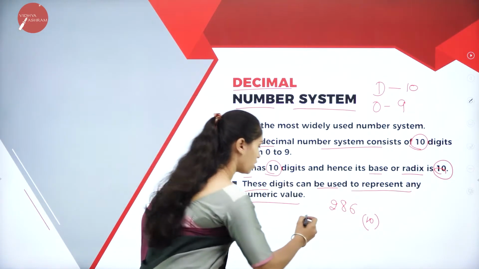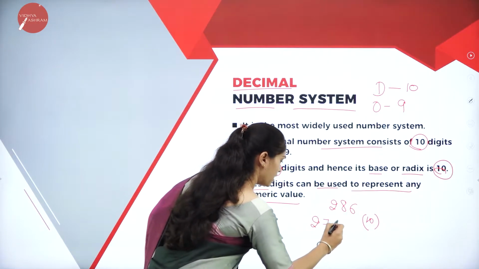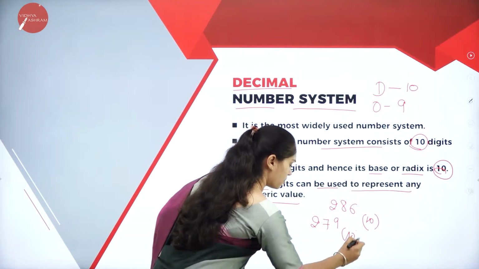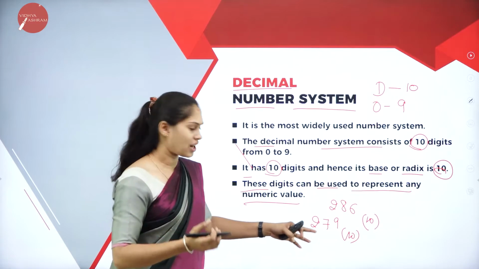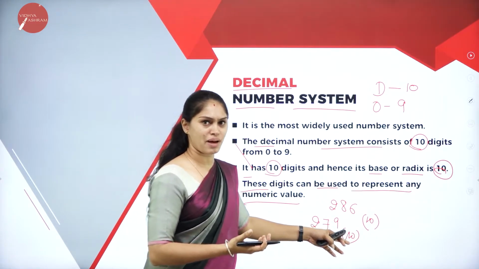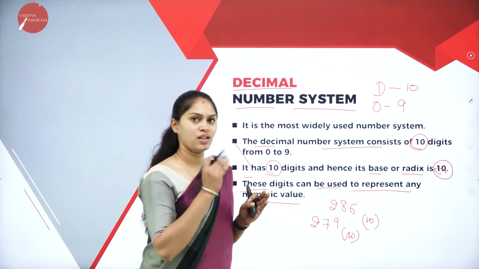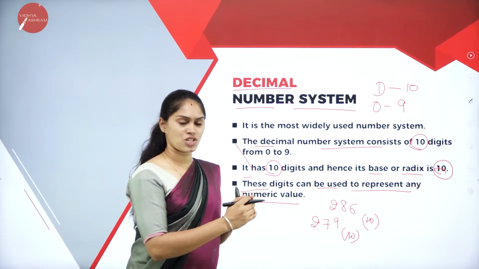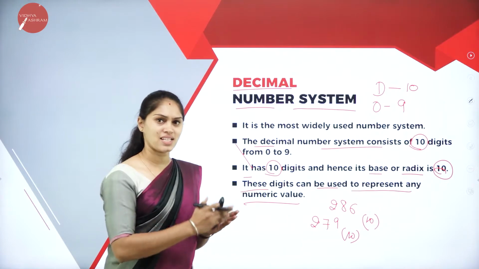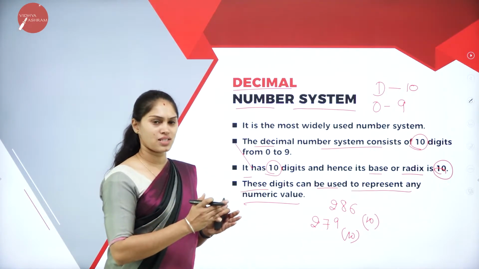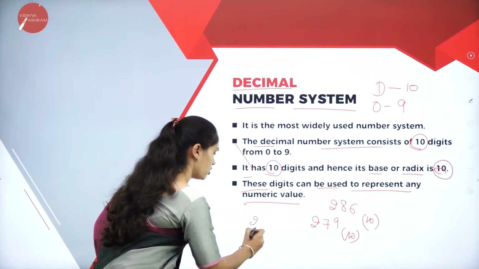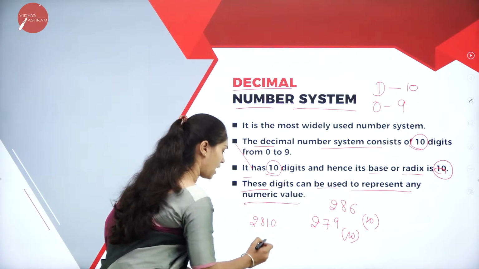Let me take one more example: 279 base 10. If you forget to write this base 10, you may lose the marks. Don't forget to write its base or radix. Very important: when it comes to the data representation chapter, you have to use the base or radix for all the numbers.